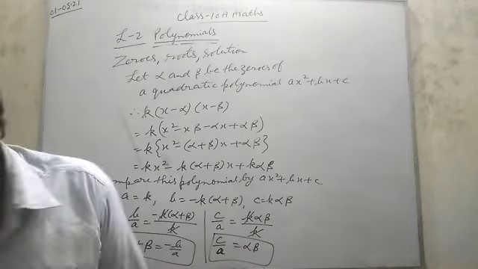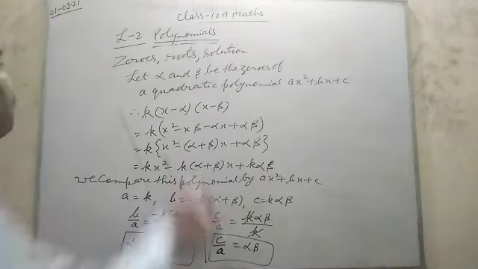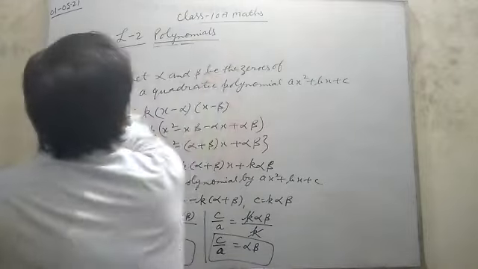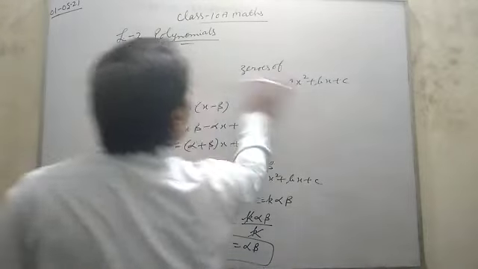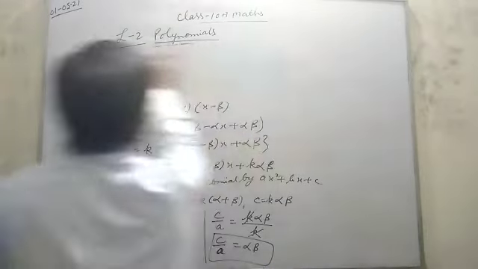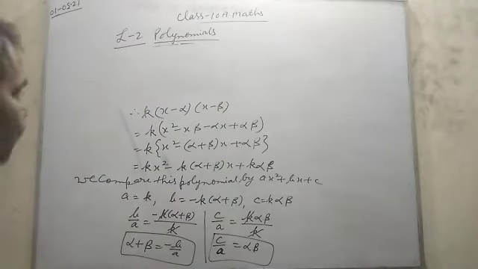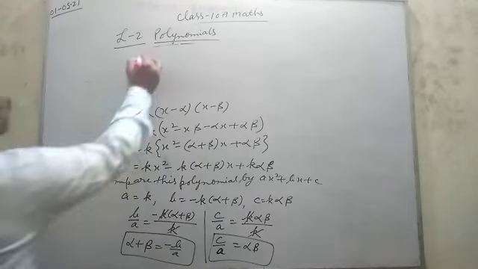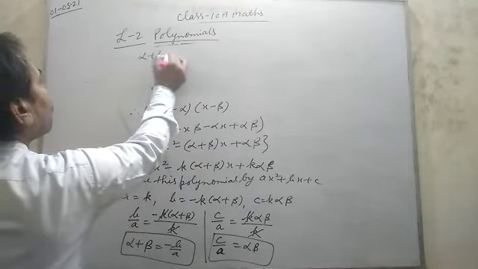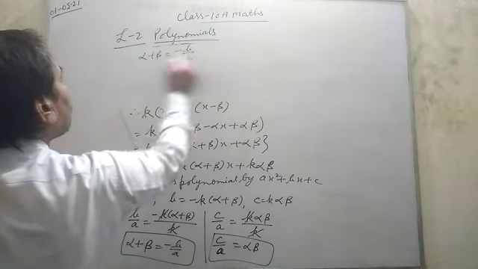Clear? So this is the relationship between the zeros and the coefficients of x square, x and the constant.